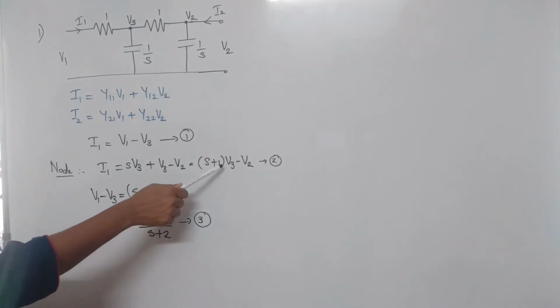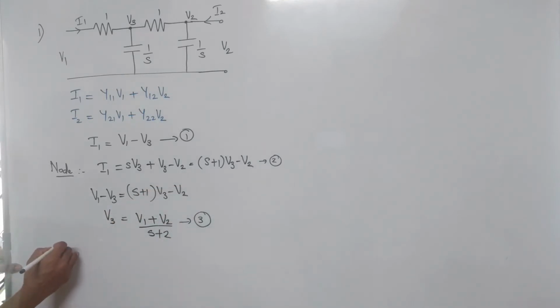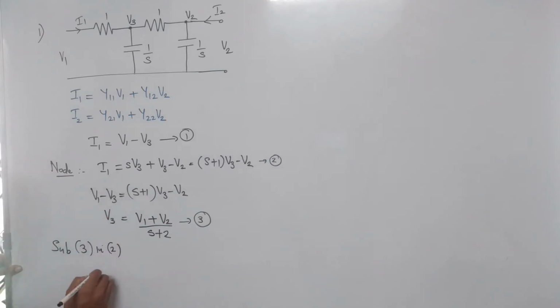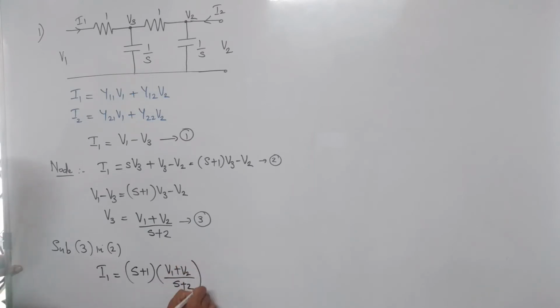So we can substitute for V3 in equation 2. Substitute 3 in 2. We'll get I1 is equal to S plus 1 into V1 plus V2 by S plus 2 minus V2.